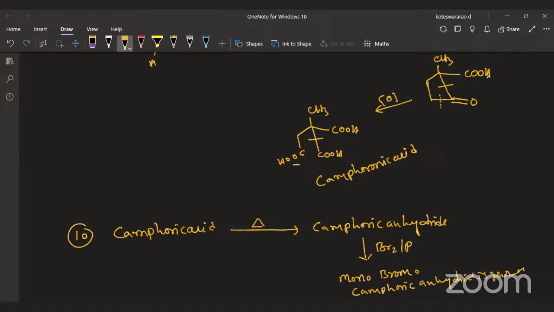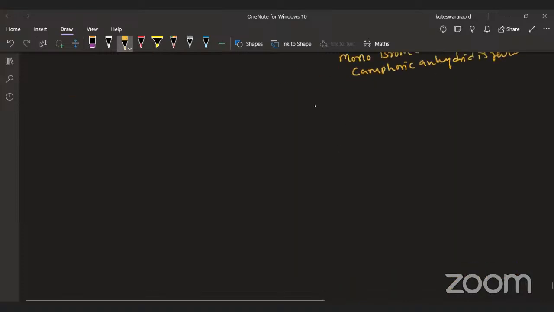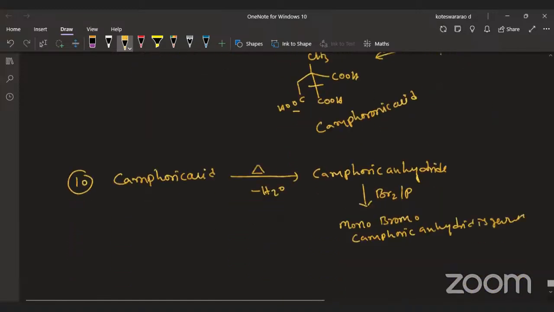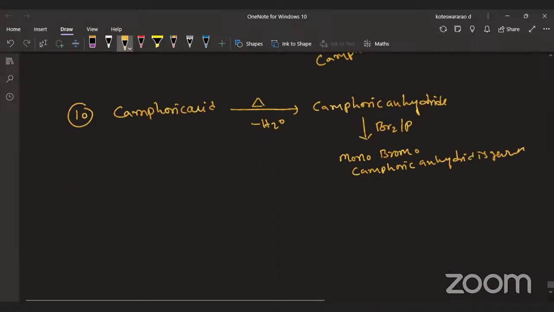Then, what are the conclusions from this? Suppose camphor is bicyclic, right? Whenever the camphoric acid is heated, it eliminates a water molecule. That leads to the formation of camphoric anhydride. You know the camphoric acid structure. What is the camphoric acid structure? This is the camphoric acid structure.